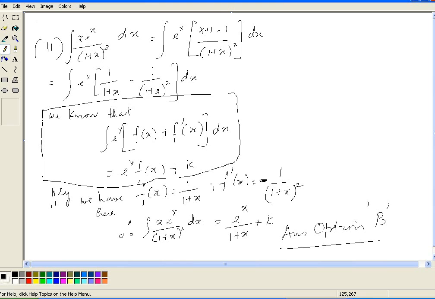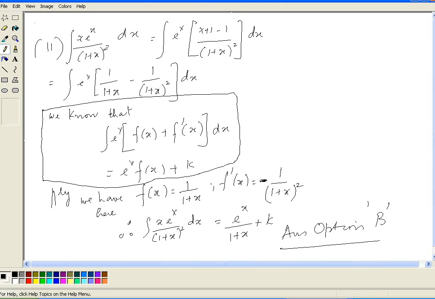We know that integral of e power x of f of x plus f dash of x dx is e power x f of x plus k. So here we have f of x as 1 by 1 plus x, means f dash of x will be minus 1 by 1 plus x squared, which tallies with the given integral equation.